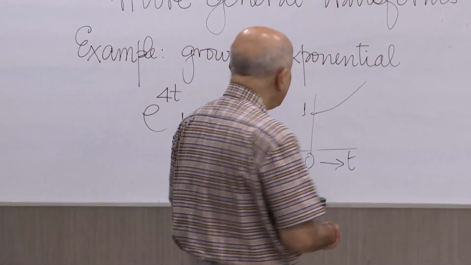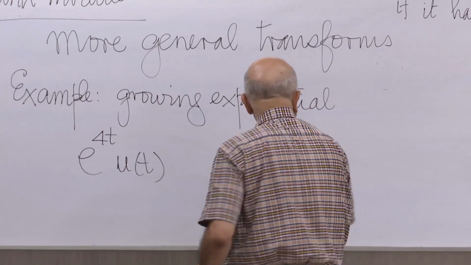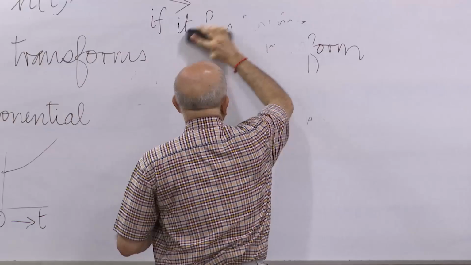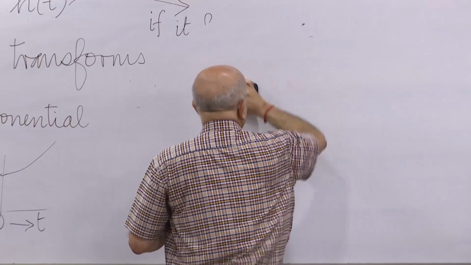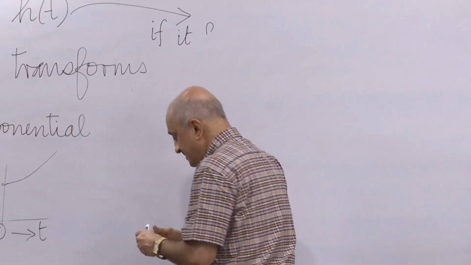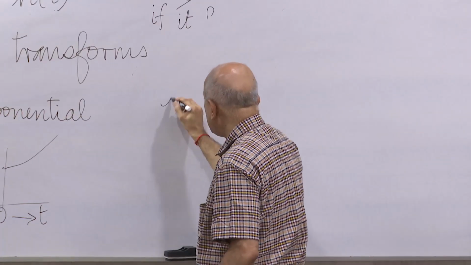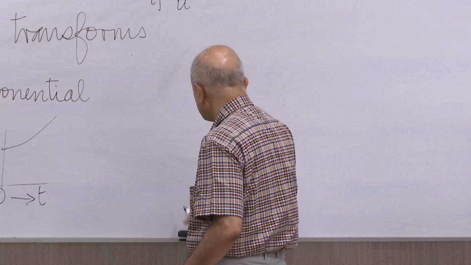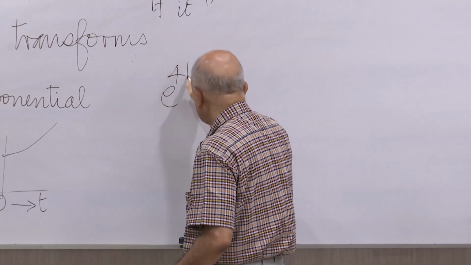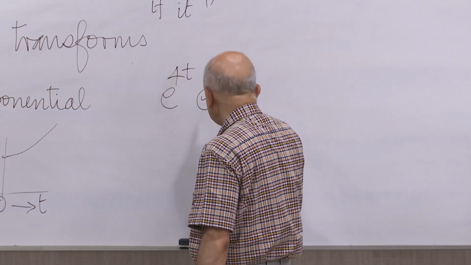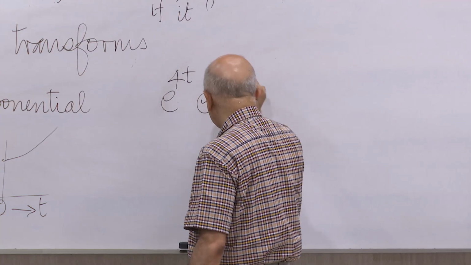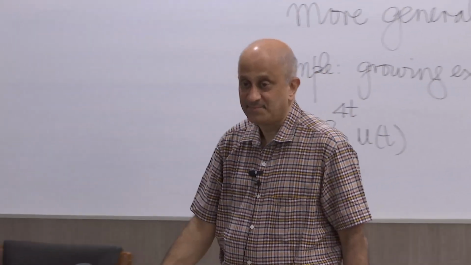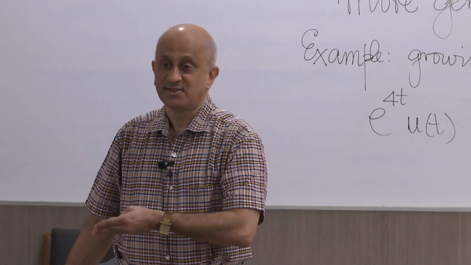So in fact, the way to look at it is, I have this function e raised to the power 4t u(t), or e raised to the power 4t for t greater than or equal to 0. I multiply this by e raised to the power sigma t, and of course sigma t needs to be negative so that it can arrest the growth.